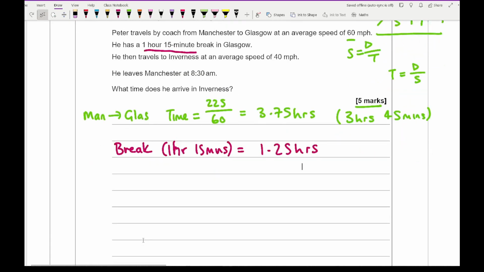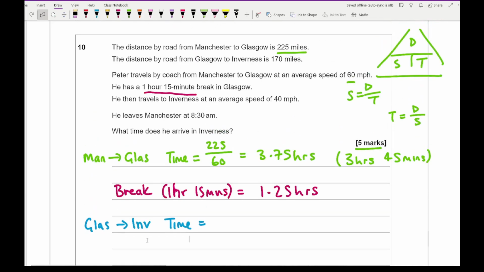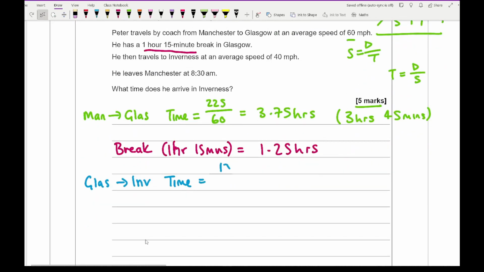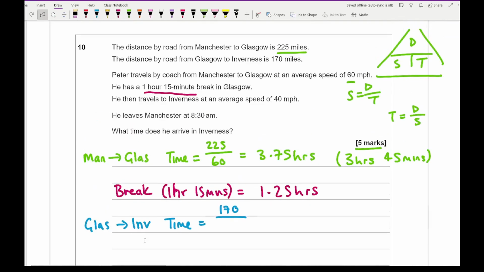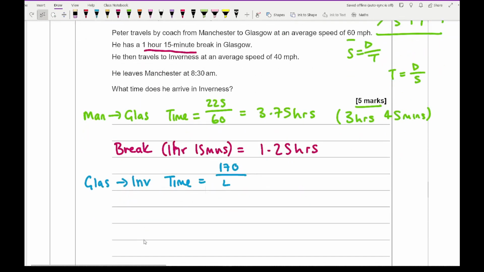Then I need to work out how long it takes to get from Glasgow to Inverness. Again, the time is the distance, which is 170, over the speed, which was 40 miles per hour.